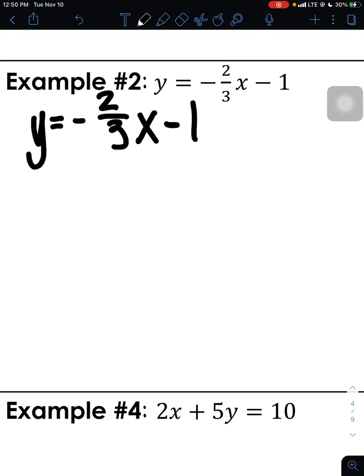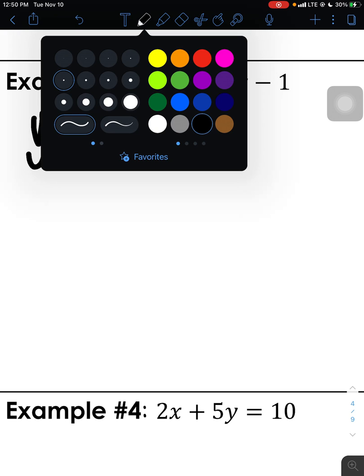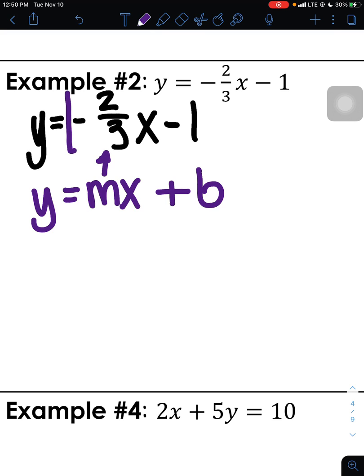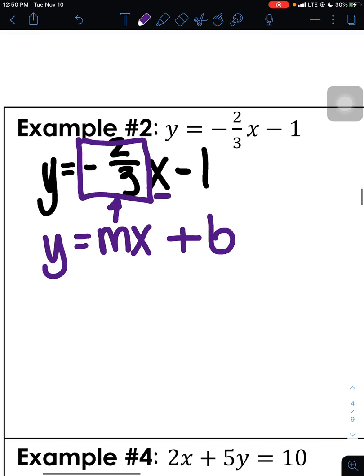Yes, this does look like the format we just looked at: y equals mx plus b. In this case, m is negative 2/3, because that is the coefficient in front of the x term. So here, slope, we can write that as negative 2/3.